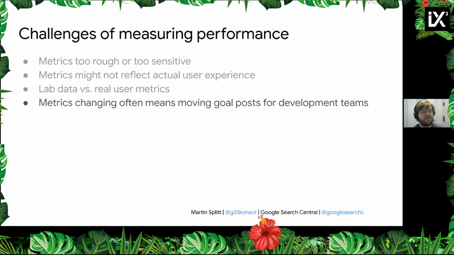And also, if you have pushed for making performance improvements and you've done them, and then the reporting changes in the tools that you're using, and you're like, we did a good thing here, but the data doesn't show it anymore. How do you sell that to management or executives, right? It's like, well, we started with a Lighthouse score of 60, and then we put a lot of effort in, and now we have a Lighthouse score of 60.